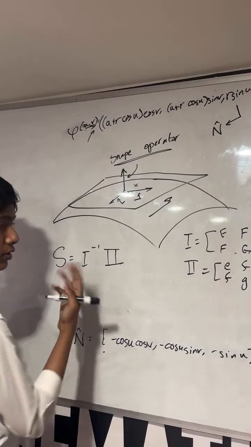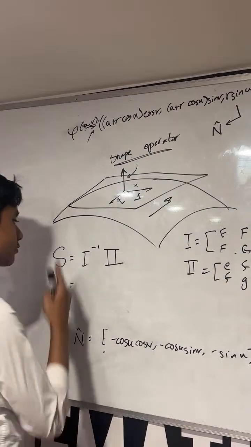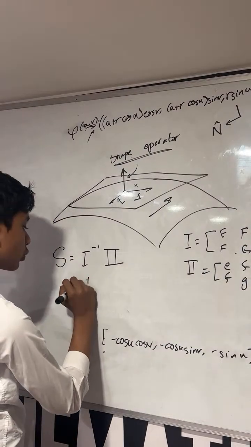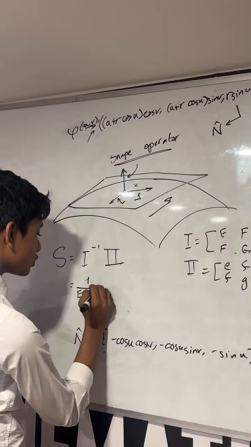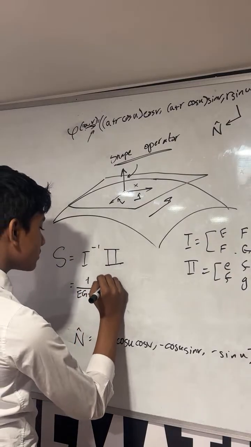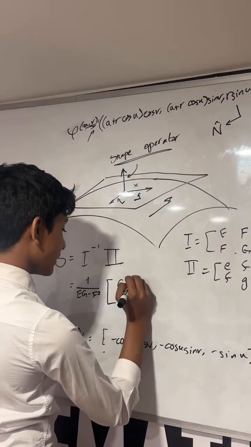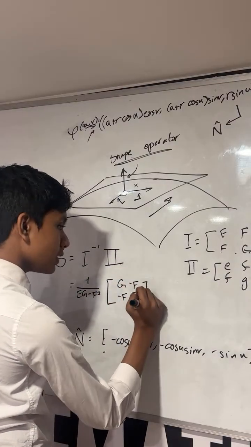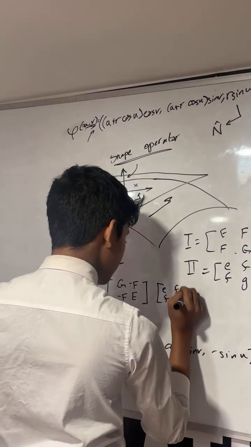Okay, so what do we get from this? Well, the inverse of a 2 by 2 matrix is easy to remember. This is just 1 over the determinant, which in this case is EG minus F squared, multiplied by, you swap these two, and you negate the ones on the diagonal, and you multiply that by E, F, F, G.